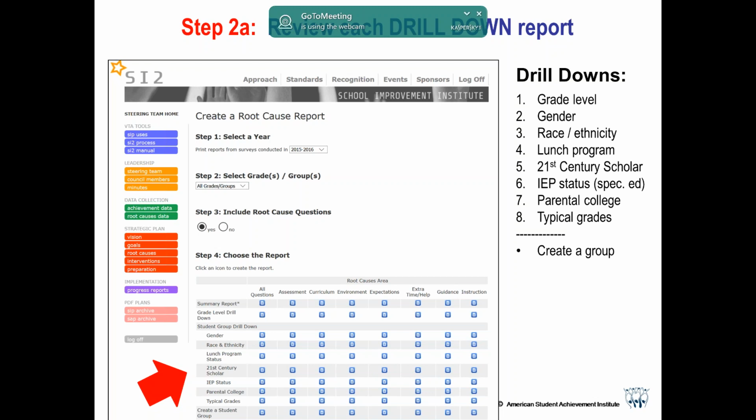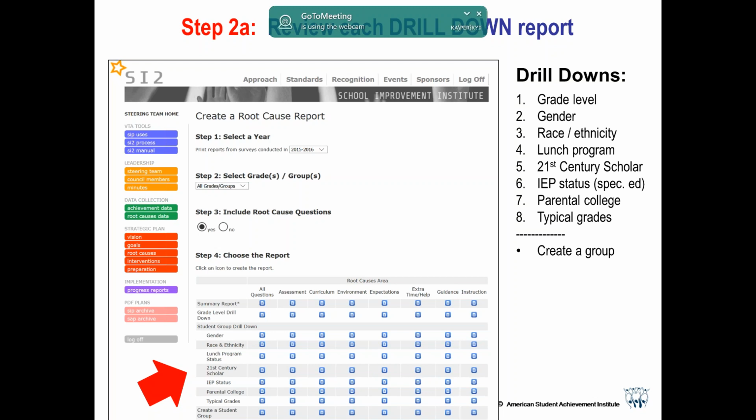It's a problem of marketing it or communicating it to all students, especially the free and reduced lunch kids. So as you're starting to look at that disaggregated data, it will really help you fine-tune where that root cause is.